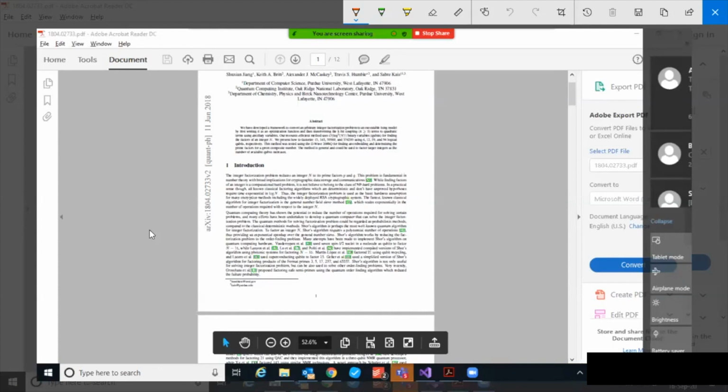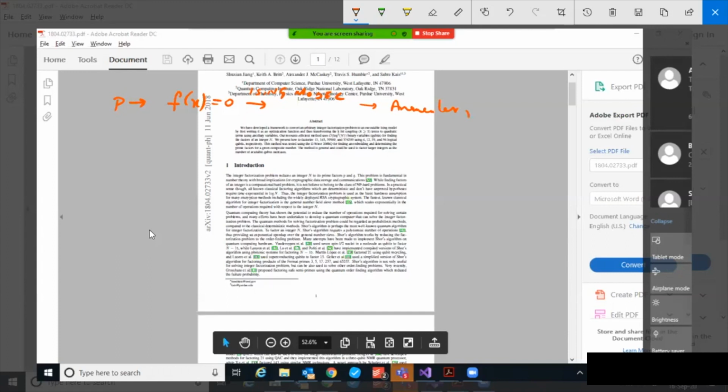Whatever problem we want to solve, let's say we have a problem P, we have to come up with a cost function f of x and minimize it. This cost function can be converted, or encoded, into an Ising model, and the annealer can solve it.